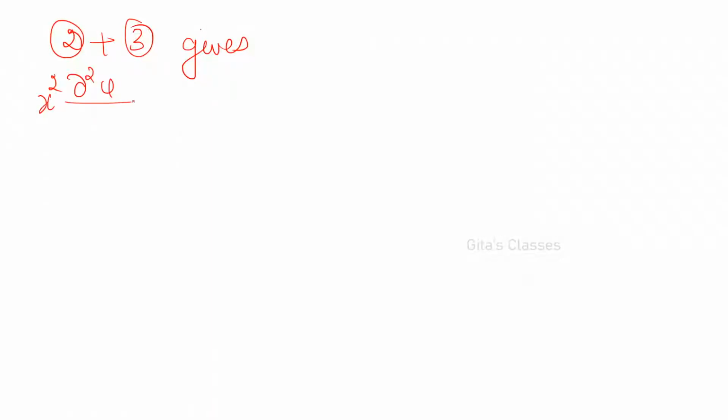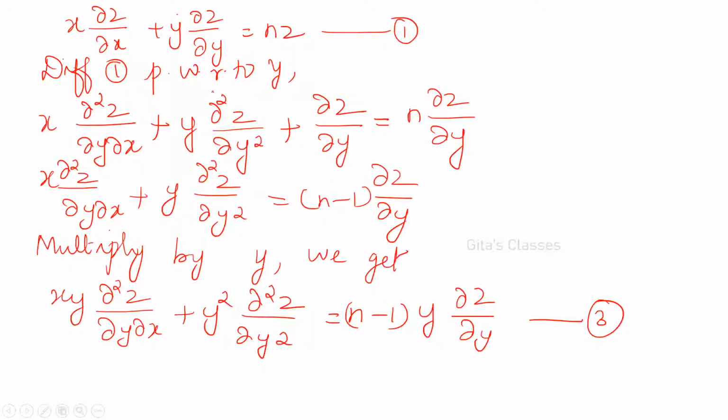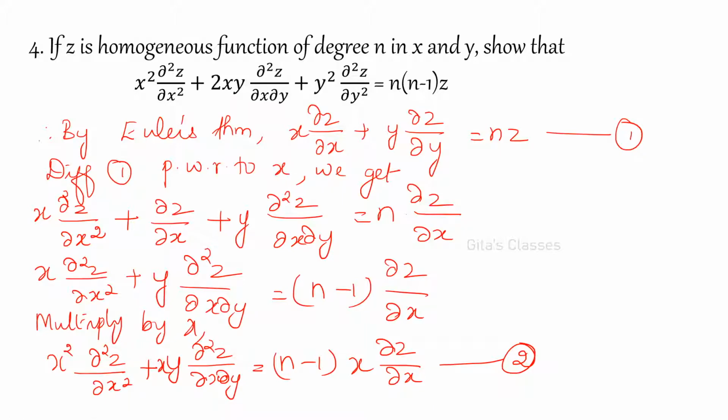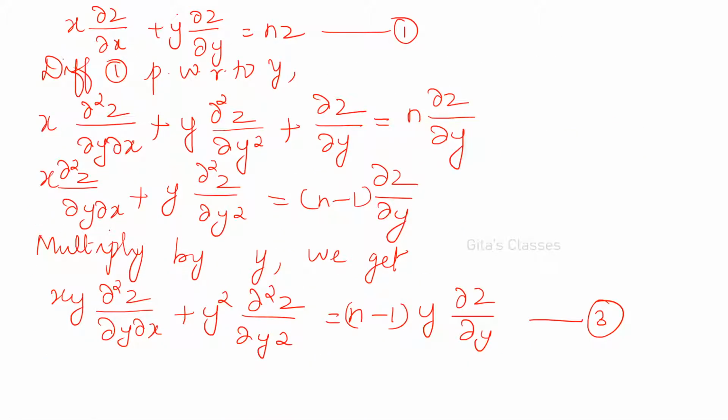Now adding 2 and 3. So 2 plus 3 gives, on the left hand side, x squared into ∂²z/∂x² plus xy into ∂²z/∂x∂y. And here again I have one more xy into ∂²z/∂y∂x, right?